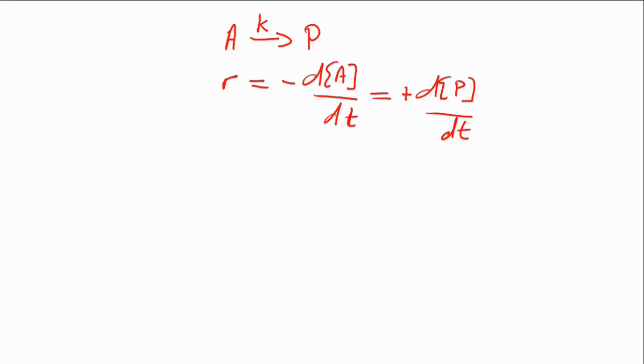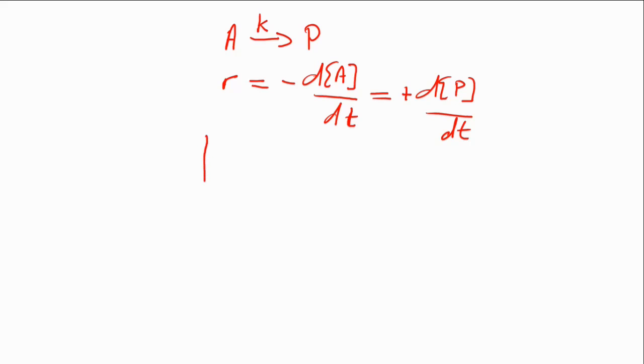Of course, if you should try to plot this on a graph, let's say you could measure with time the amount of A in your reaction vessel or the amount of P in the reaction vessel, and so maybe what you could end up with are some concentration time values.